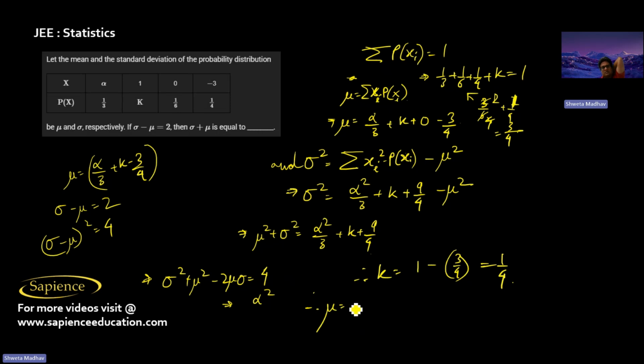Therefore, mu is equal to alpha by 3 plus 1 by 4 minus 3 by 4. So that is minus 2 by 4, that is minus half. So mu is equal to alpha by 3 minus half.